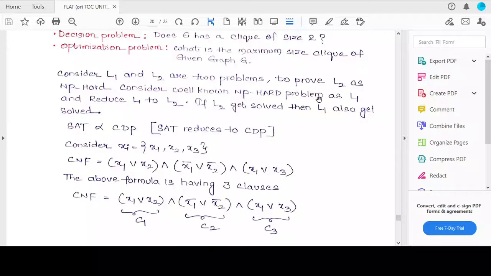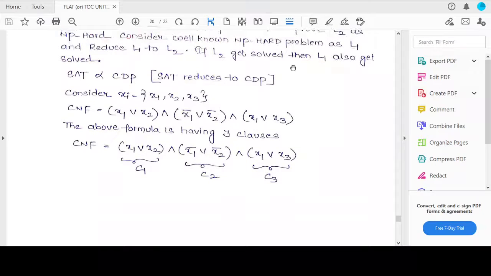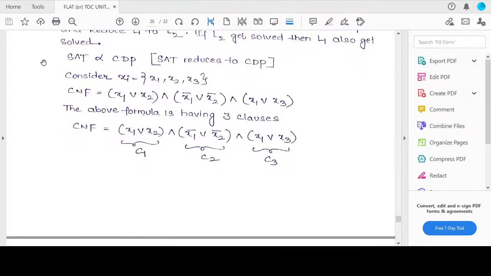If L2 is solved, then L1 will also get solved. Same property here we are applying. So the satisfiability problem is a well-known NP hard problem. We are reducing that satisfiability problem to the clique decision problem. If the clique decision problem is solved, then definitely the satisfiability problem will also get solved. And we could say both the problems are NP hard.